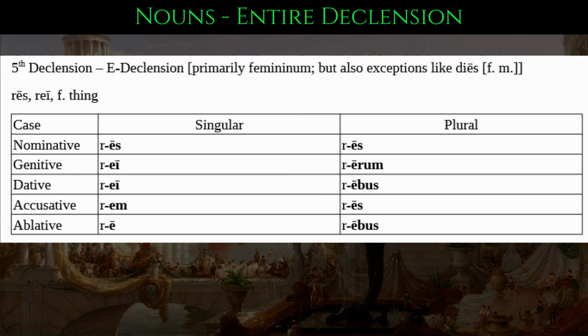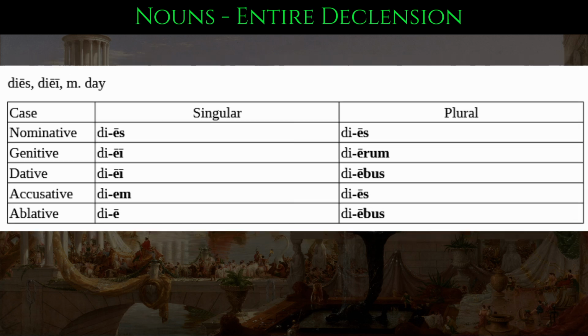Plural, res, rerum, rebus, res, rebus. And then dies, diei, diei, diem, die, plural dies, dierum, diebus, dies, diebus. This one serves as the example for the masculinum.